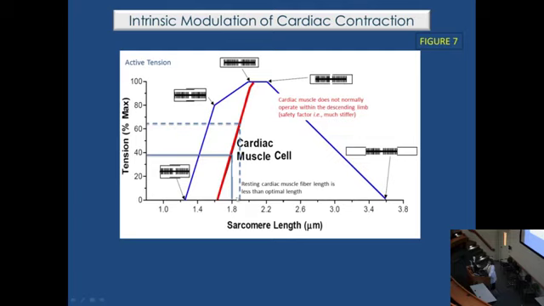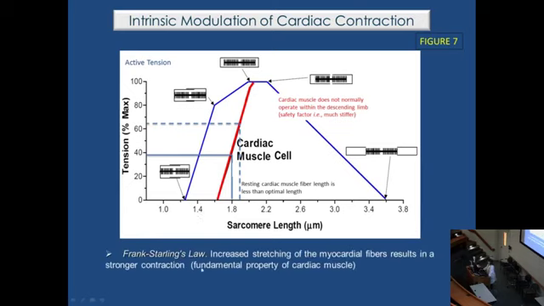See, just with a small increase, you accomplish a much greater increase in tension. And this is what is stated in Frank-Starling's law: increased stretching of the myocardial fibers will result in a stronger contraction, as you can observe here. And this is a fundamental property of the cardiac muscle.